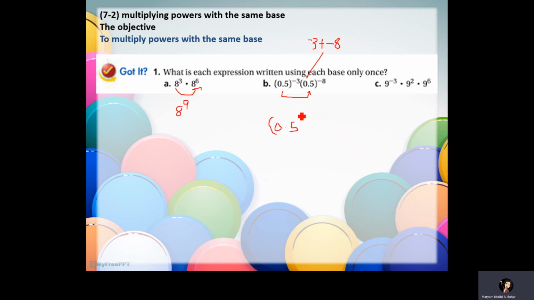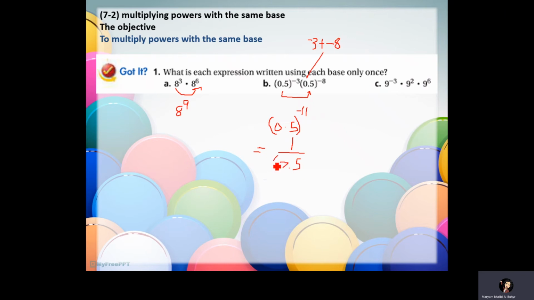So all this to the power negative 11. We learned in the previous lesson how to write this. This will equal 1 over the positive power; you will move it down.